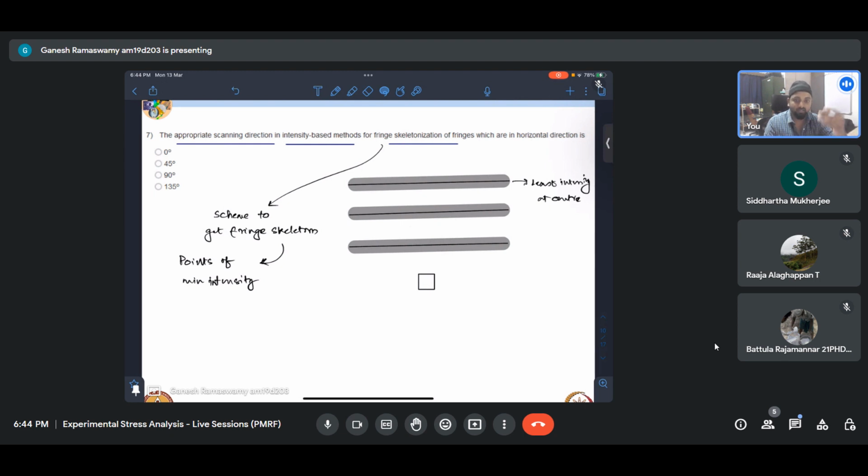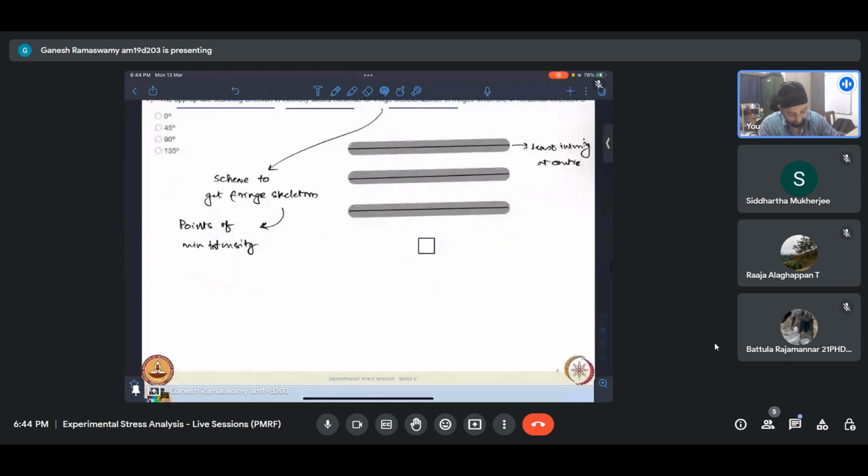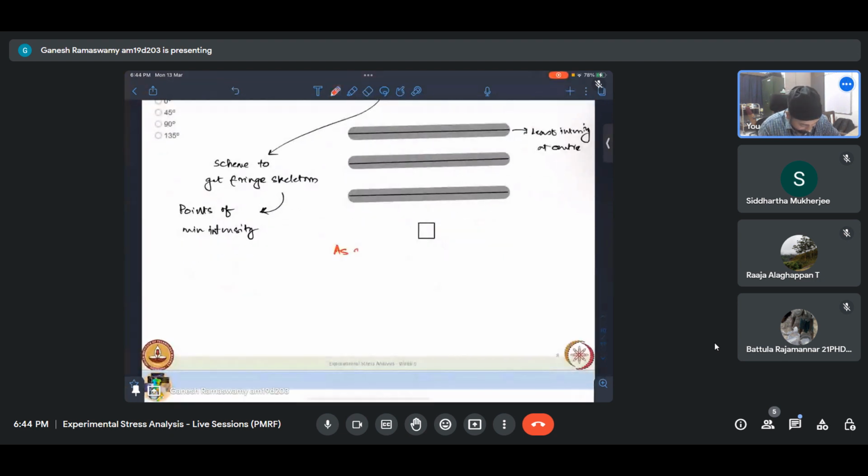So what will eventually happen is, as scanning progresses, the fringes will keep becoming thin, will erode.